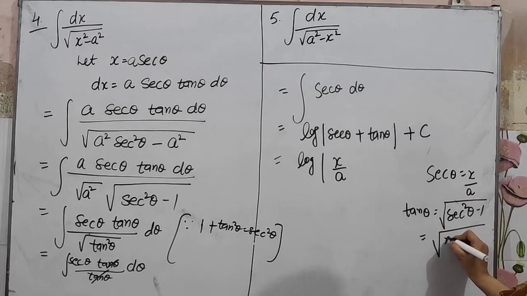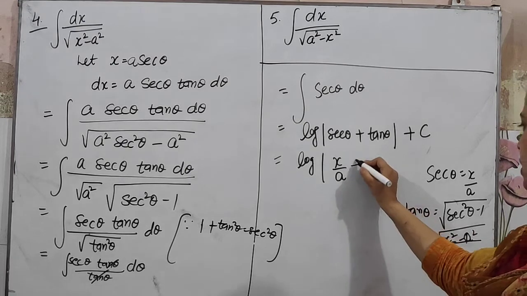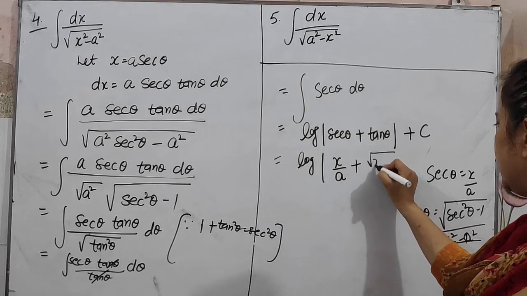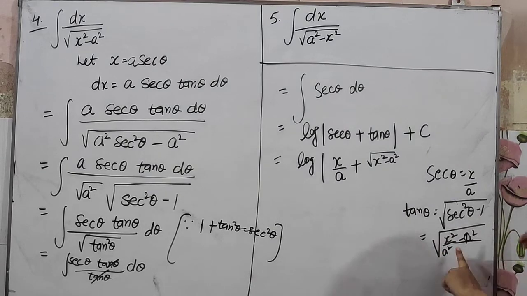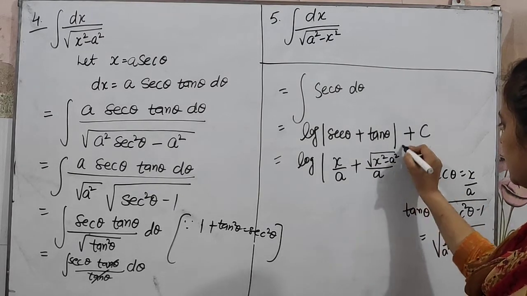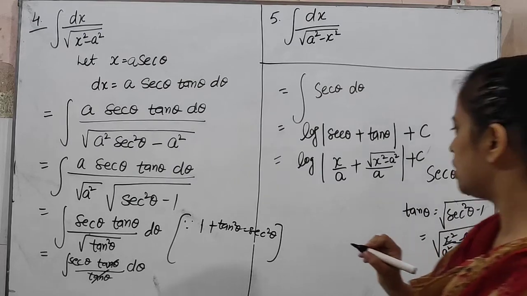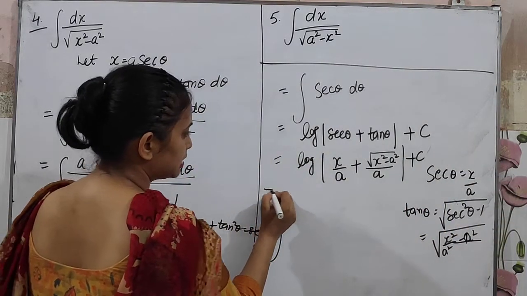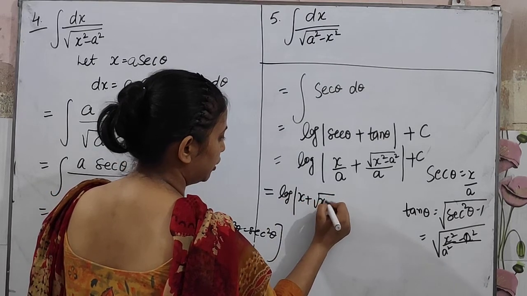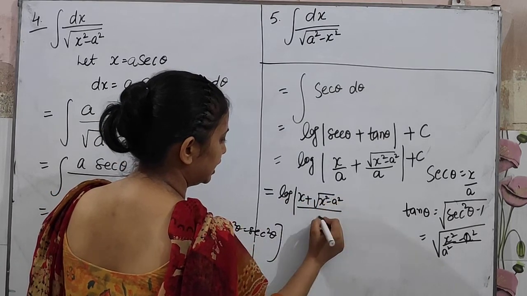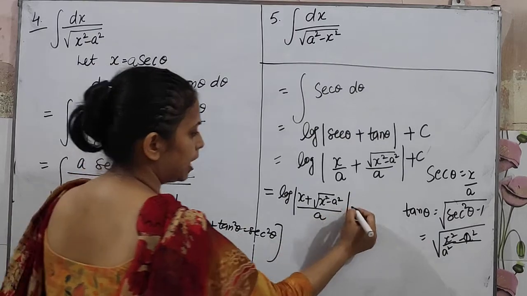It is x square upon a square minus 1. Take LCM, it will be a square here. So x square minus a square under root, and under root of a square, only a will come, plus c. Or it can be written as log of x plus under root of x square minus a square over a, plus c.